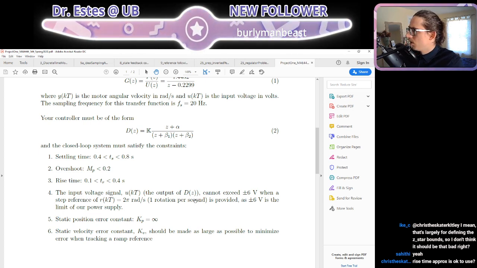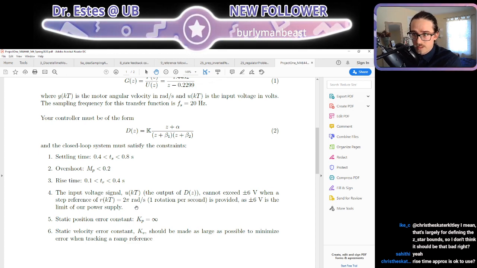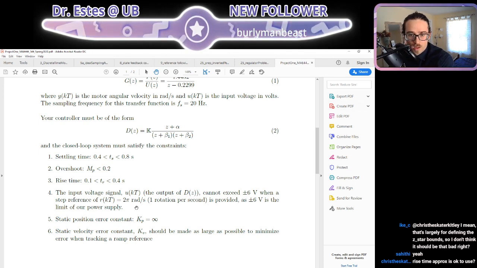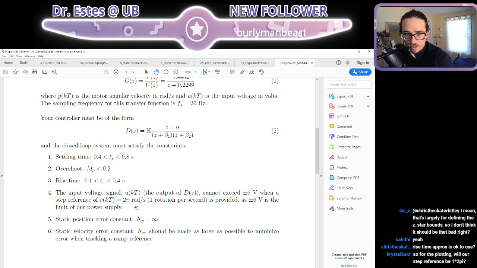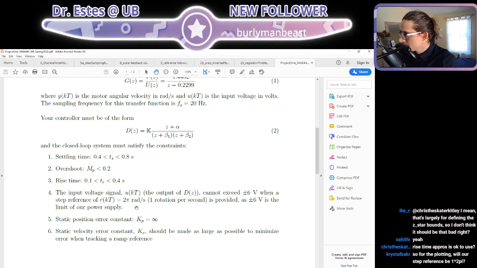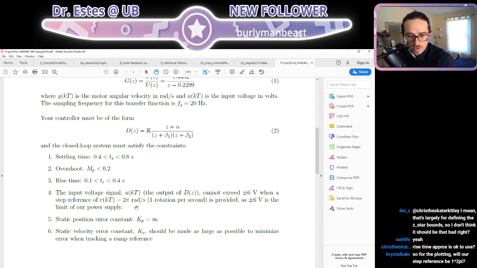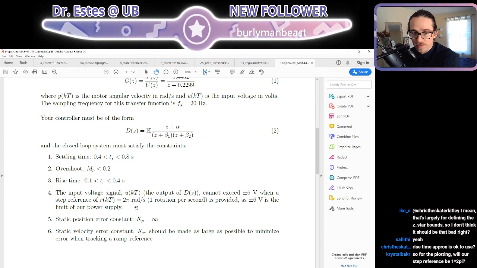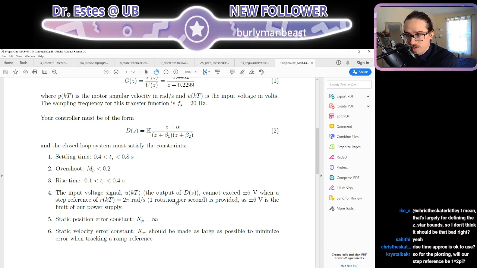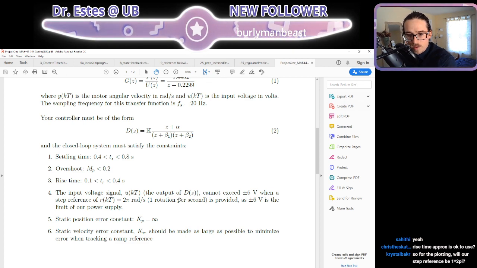This is a cool constraint because this is a practical thing you run into in real life. When you design a controller and you simulate it, say in Matlab, the control signal might say, okay, great, you need 12 volts. But in real life, I'm only using a 6 volt power supply. So that controller is too aggressive, it requires too much power to actually use.